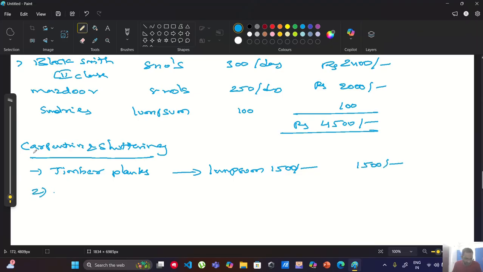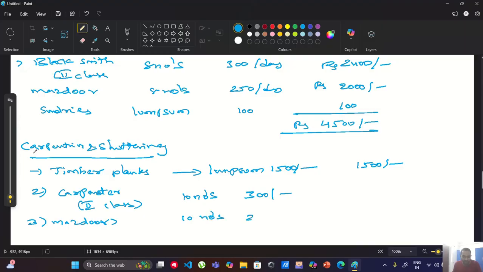Now the second one is carpenter, second class carpenter. 10 numbers are required, and each person costs 300 rupees, no sorry, 300 rupees for carpenters. And the third one is Mazdoor, also 10 numbers, 220 rupees.